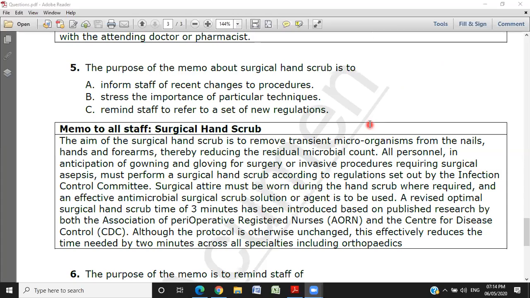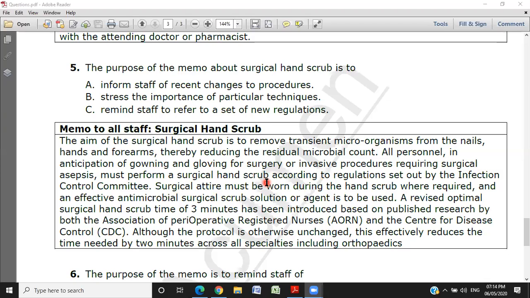First of all, who it is for? It's for staff, operating room staff. And why it is written, because of their protocol about the hand scrub.